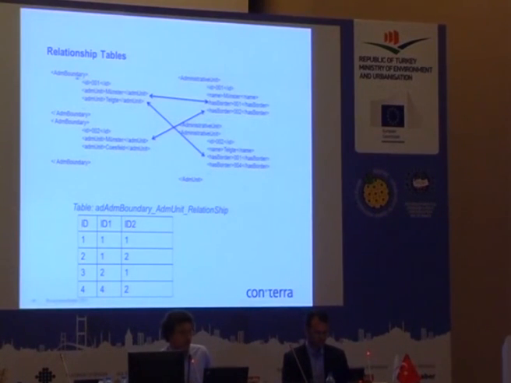So for example, between an administrative unit and a boundary, each boundary has at least two administrative units, and also the other way around. Each administrative unit can have several administrative boundaries that are the border of this unit. So this relation is put into an additional table.